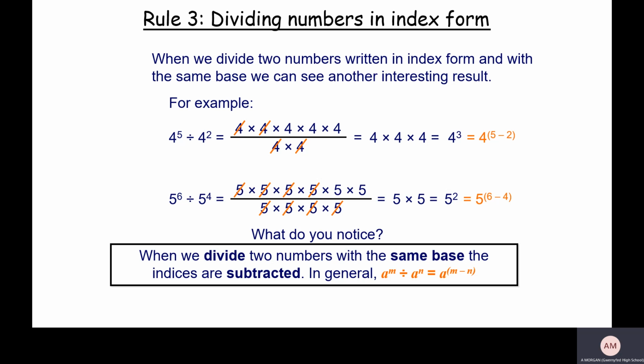So 4 to the power of 5 divided by 4 to the power of 2 makes 4 to the power of 3. So in general, two numbers divided, same base, subtract the indices. 5 take away 2 makes 3. 6 take away 4 makes 2. And remember, I've got a nice summary slide to show this.